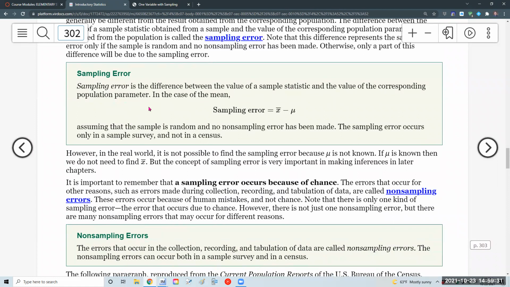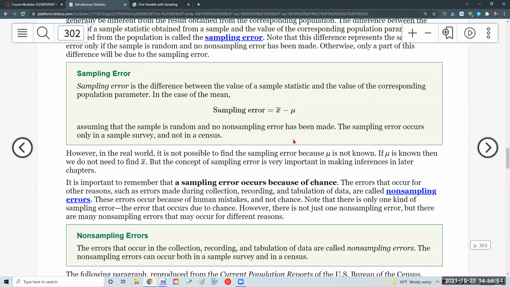In the case of the mean and the library example, the sampling error is just X bar minus mu, the difference between the sample mean and the actual value of the mean. This is the case assuming the sample is random and no non-sampling error has been made.